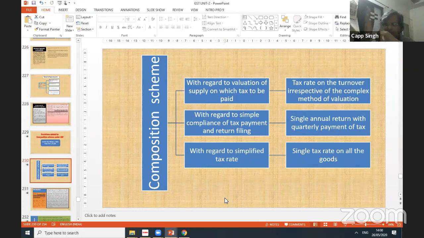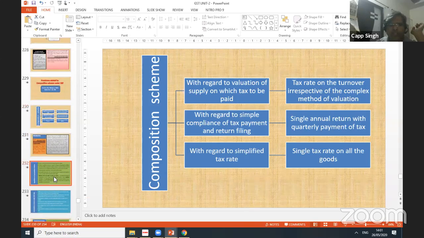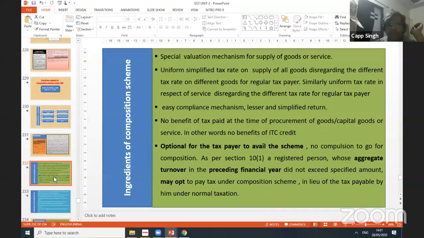They have to pay tax on the turnover, and they have to file only one return in a year with payment of tax quarterly. And the turnover limit for the composition scheme is 1.5 crore, which was earlier 75 lakh only. Later on it was enhanced, and the present limit is 1.5 crore.